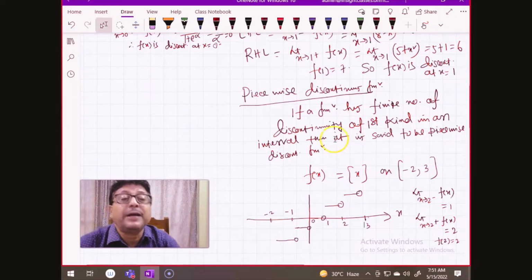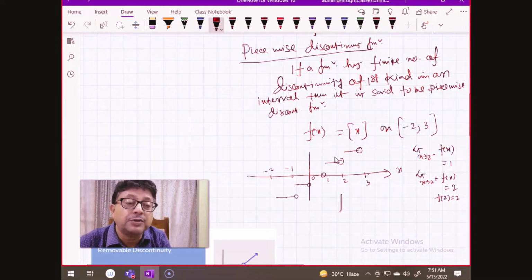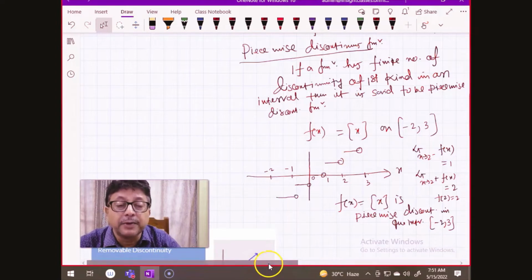You will say at 5 points. So you can say that the function f(x) equal to the greatest integer of x is piecewise discontinuous in the interval -2 to 3.